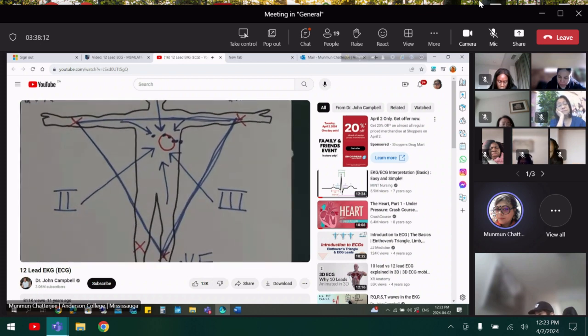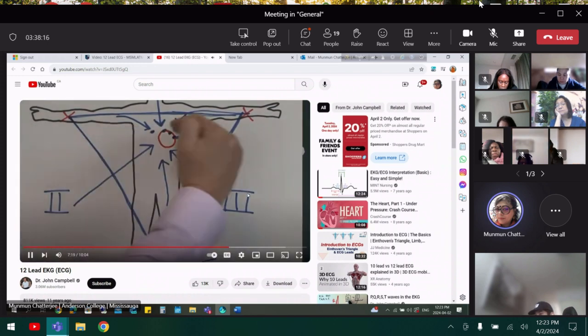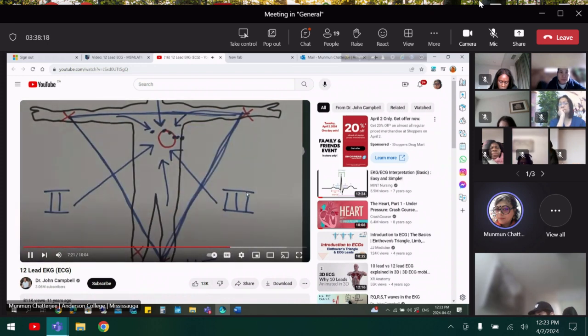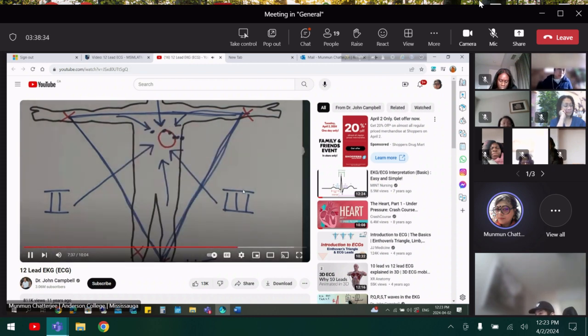And these are looking at the heart from a plane going around the heart that way. The 1, 2, 3, AVR, AVL, AVF are looking at the heart in this direction, in this plane. The chest electrodes, V1 to V6, are looking at it in this plane. So we've got a lot of positional information about the heart here.